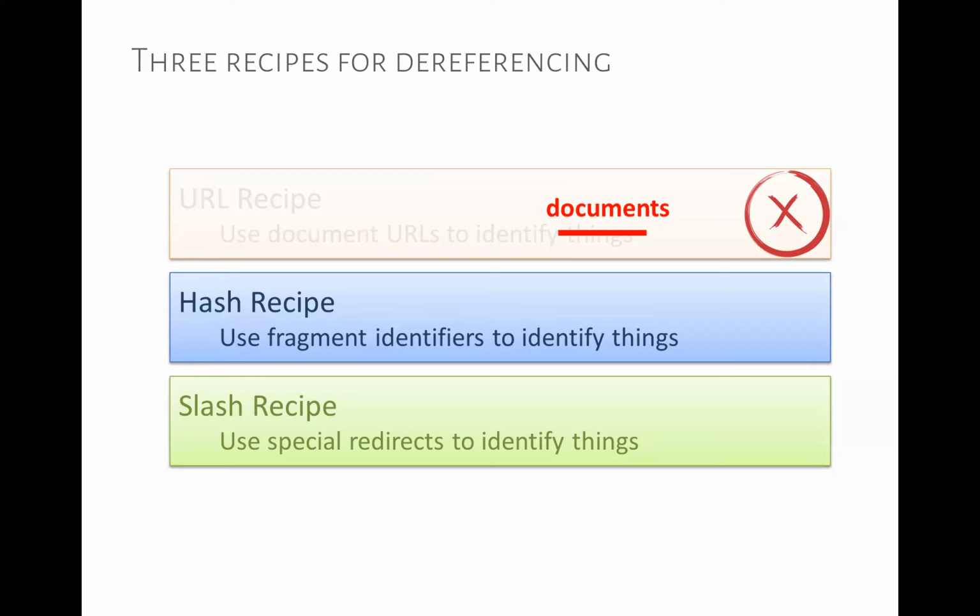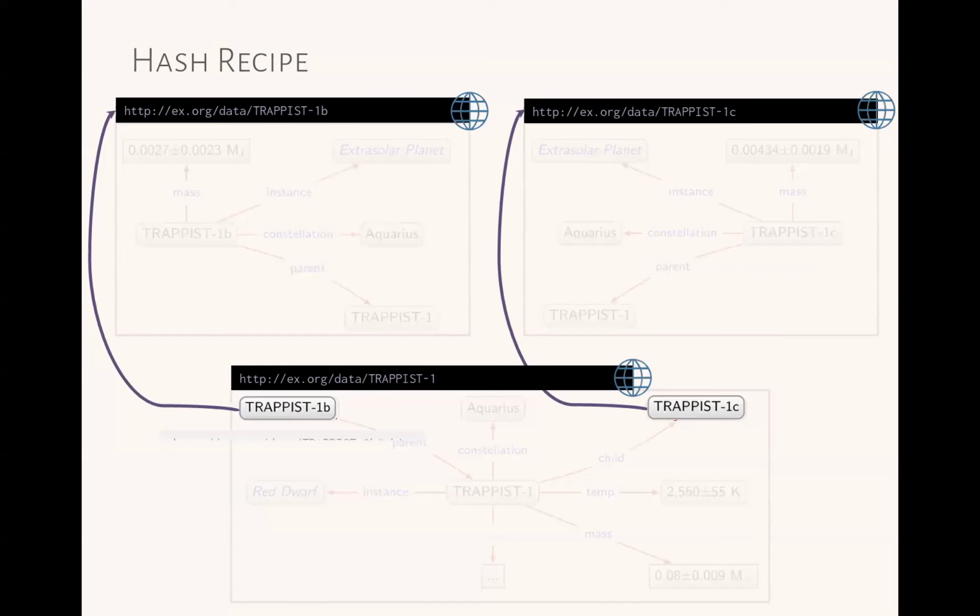Do you know what a fragment identifier is? No? It's basically the part that comes after a hash in a URL. If you see URLs with a hash and then some fragment, often if you click on that on the web, it will bring you to a subsection of the web page. These fragment identifiers are completely transparent, or should be transparent, to the server.